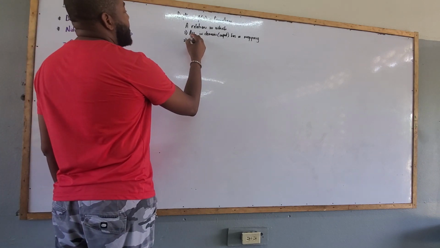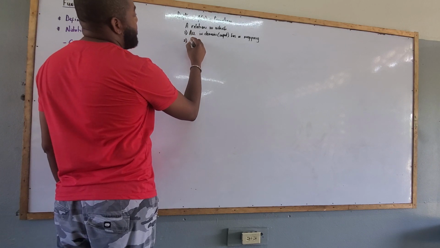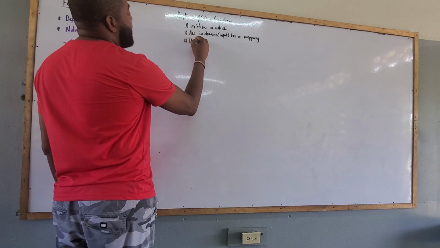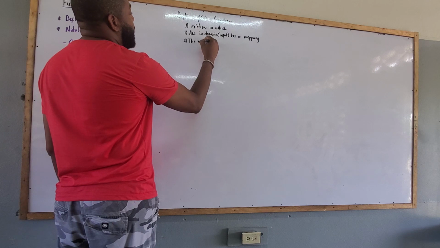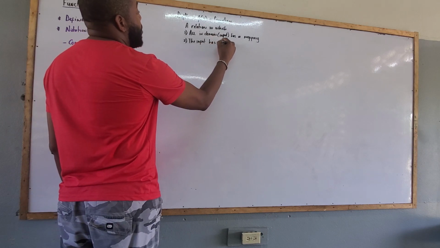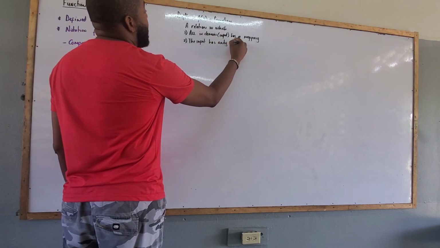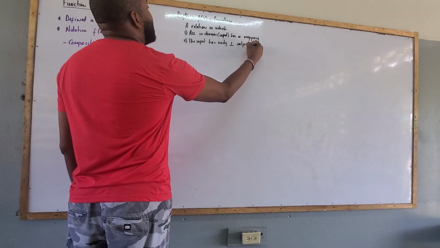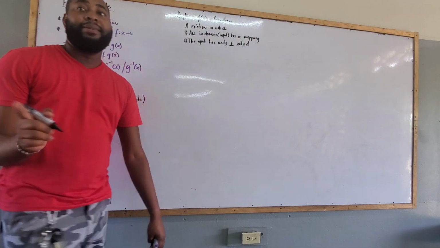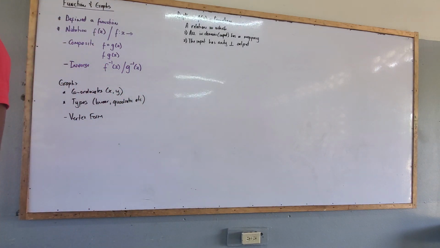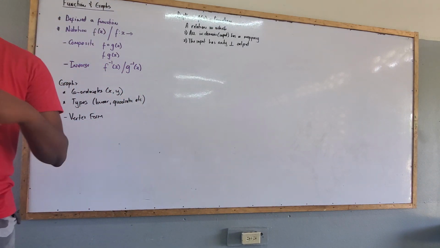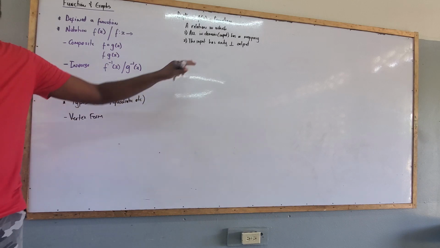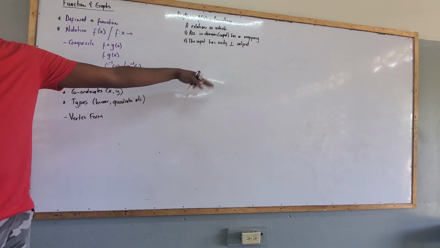So the input has only one output, or each domain value must have one range value. It doesn't have to be a unique range value, meaning two different inputs can have the same output.